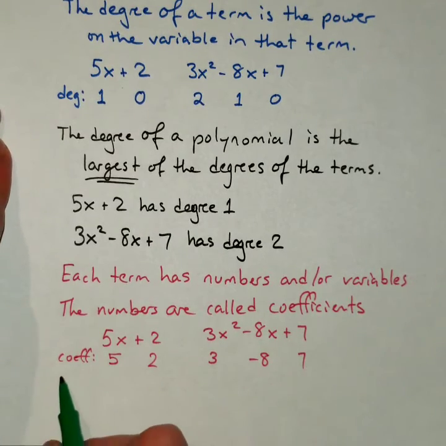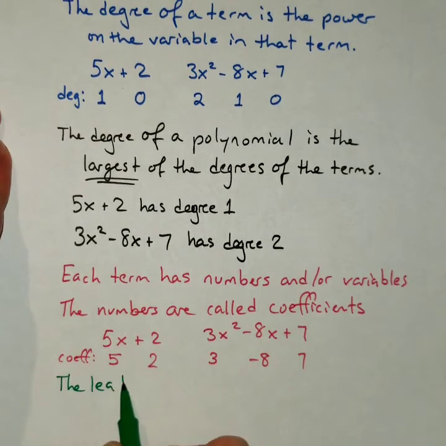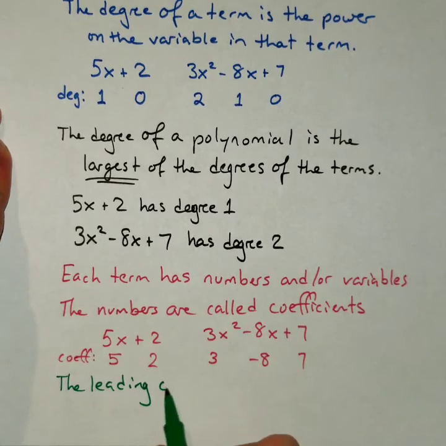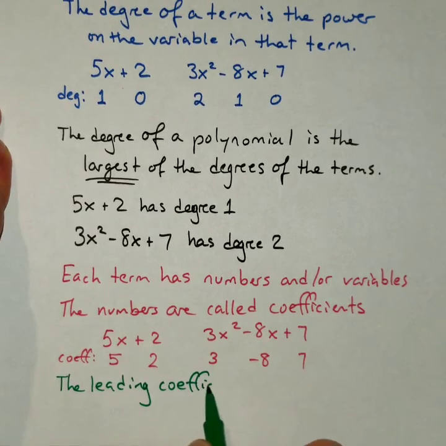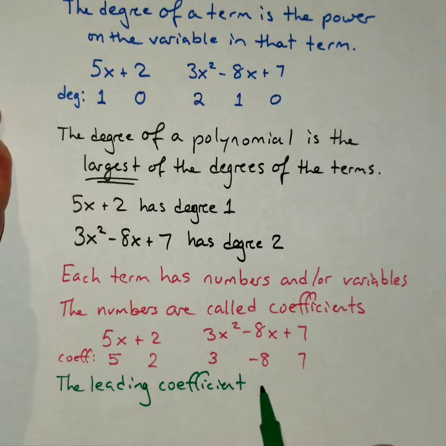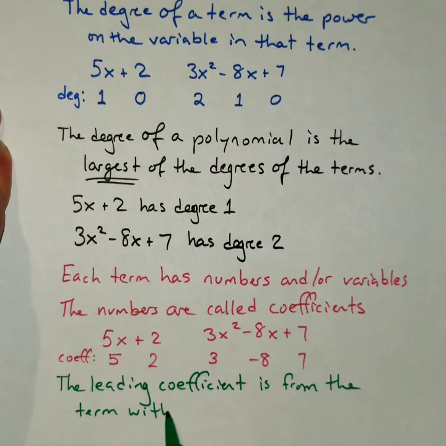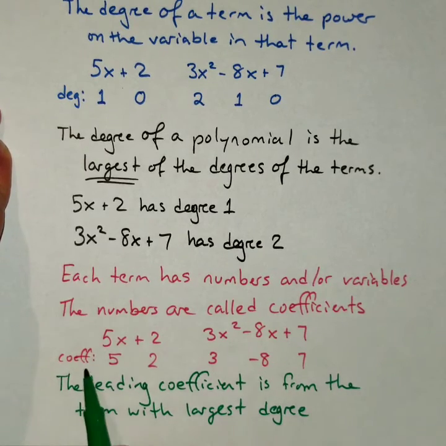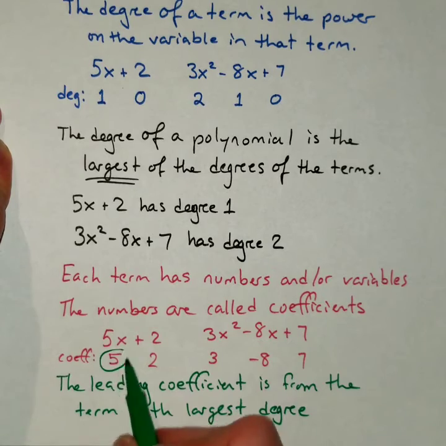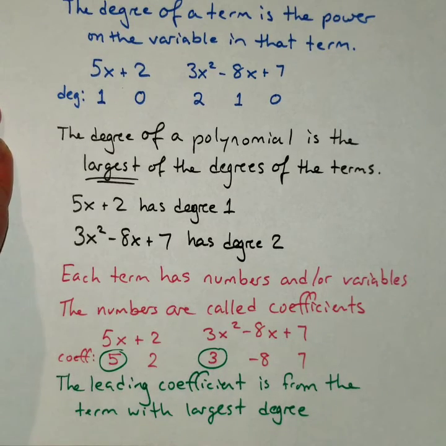So the leading coefficient is from the term with largest degree. Okay, so in the two cases above, the 5 and the 3 are the leading coefficients.